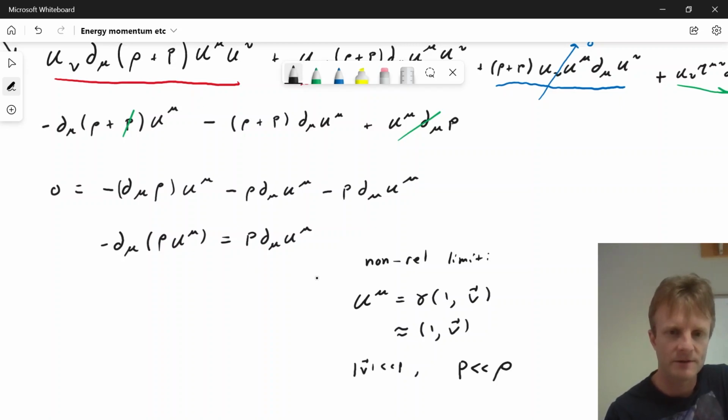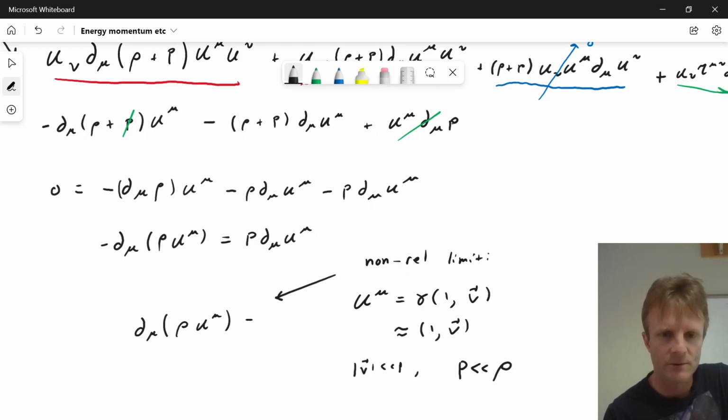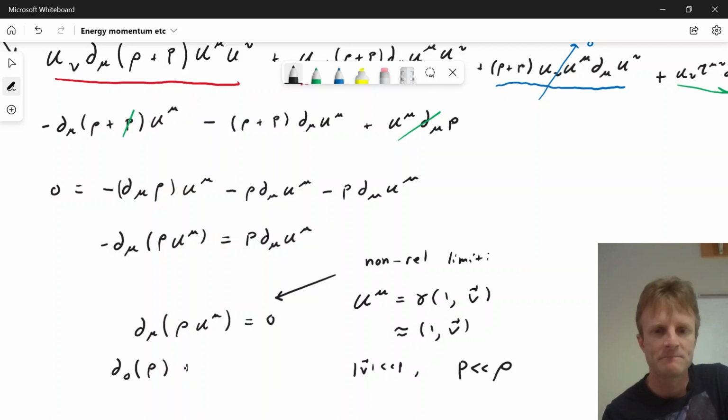So in the non-relativistic limit, we just have the equation ∂_μ (rho u^μ) equals 0, or using that u^μ is just (1, v), we have ∂_0 of rho times 1 plus ∂_i of rho times v^i.